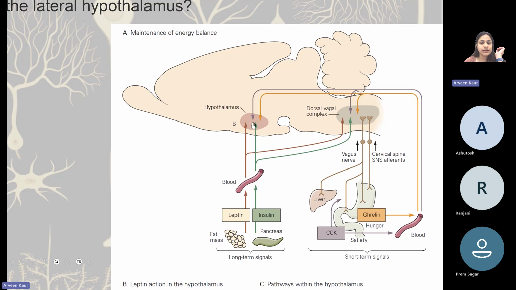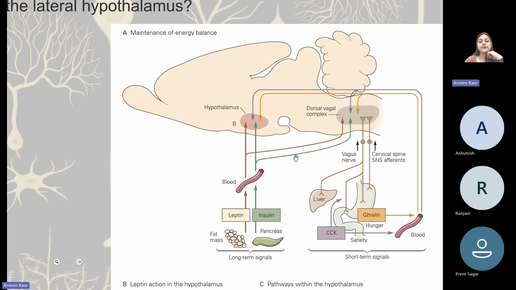This is one of the organs wherein the blood-brain barrier is a little loosely present. It is almost negligible, as the hypothalamus has to maintain homeostasis. So over here also, homeostatically, it gets some signal from the blood, which in turn is getting signals from leptin and the leptin cycle and the pancreas.